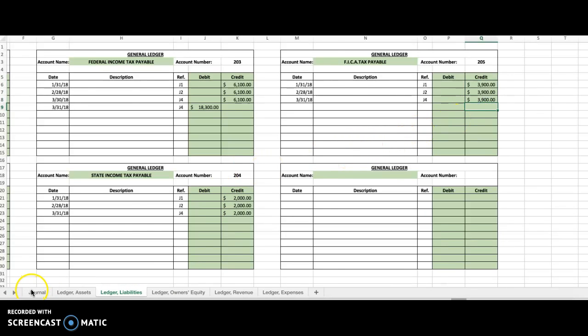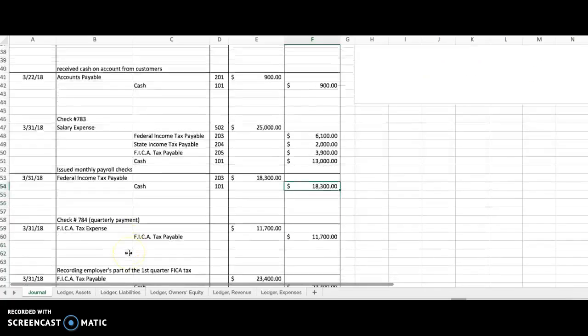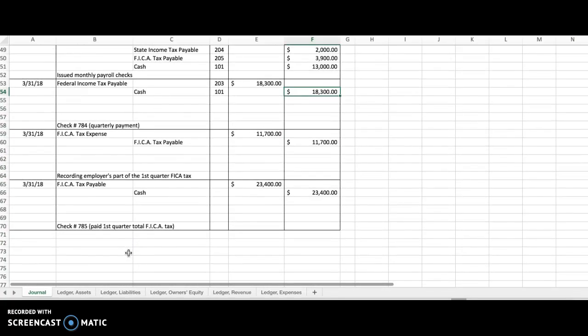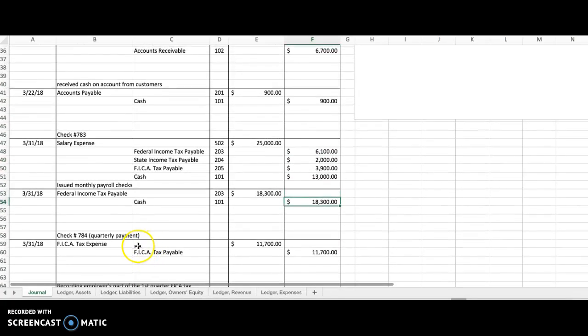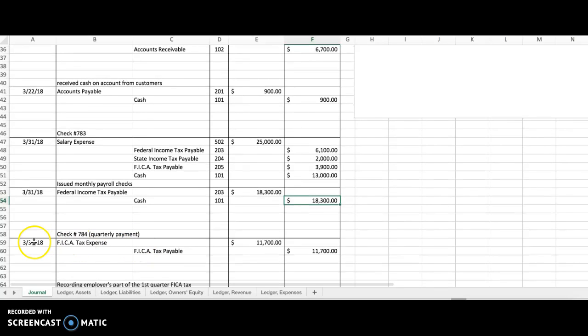So if this represents their half, we have to pay our half. So let's go back to the journal and take a look at this account. Again, March 31, this was not part of your problem, but let's take a look at it now. You see that I have debited FICA tax expense by $11,700.